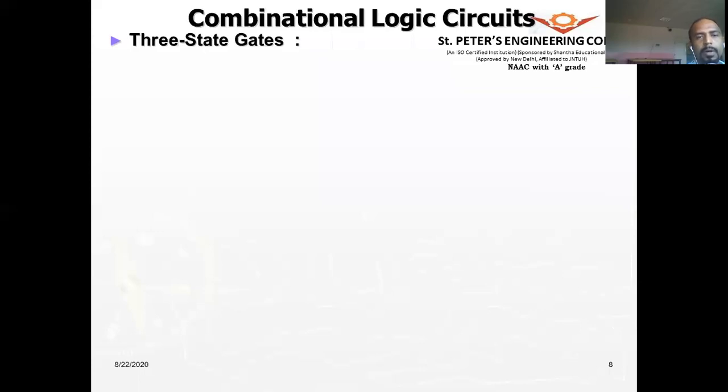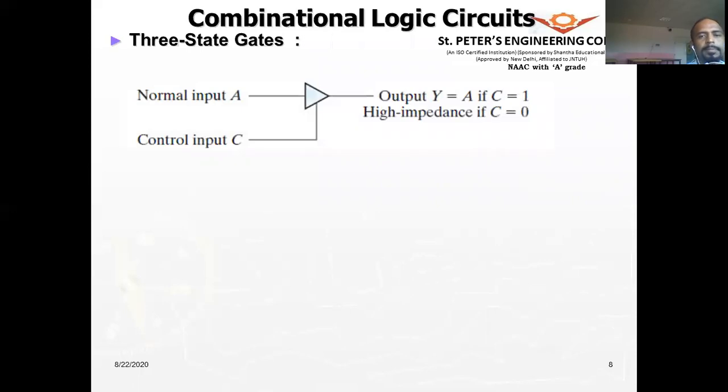The next important topic is 3-state gates. So a 3-state gate is a very essential point. For example, this is a figure of a buffer. So this we call a 3-state buffer. So it is not a NOT gate. A NOT gate will have a bubble here.